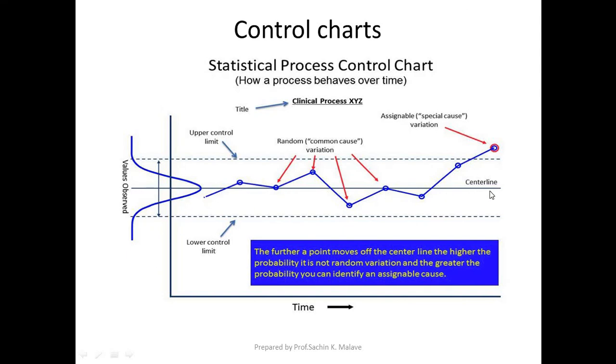This one central line is in bold, and there are two dotted lines, one above the center line and one below the center line. One dotted line corresponds to the upper control limit, and the other dotted line corresponds to the lower control limit.